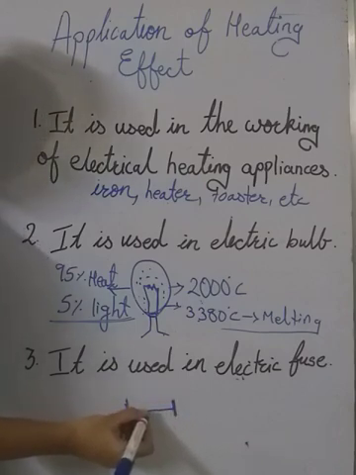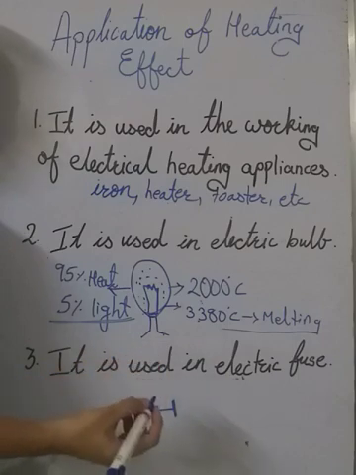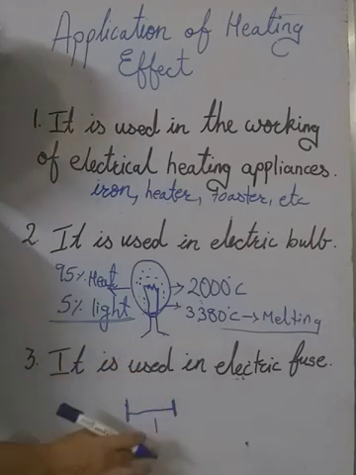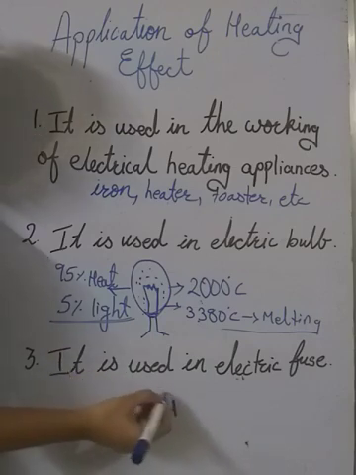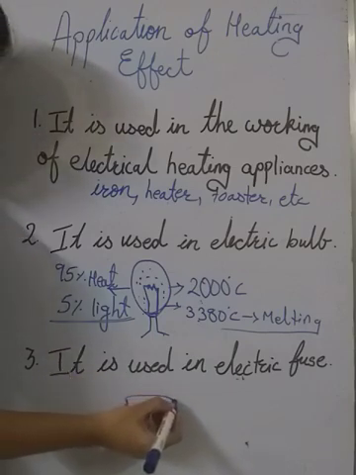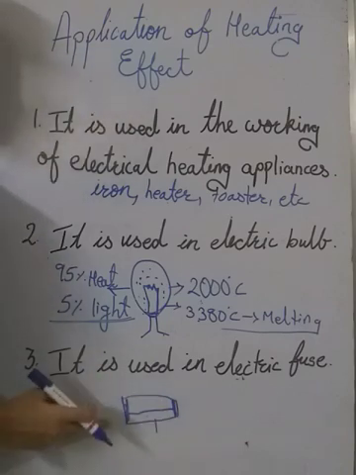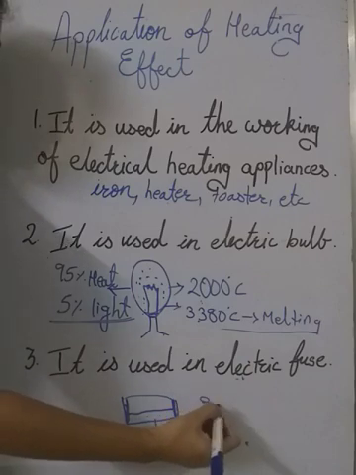In between, there is this wire which is very thin, and it has higher resistivity, but its melting point is low. This is kept in some insulator, and it is connected to your main switchboard, or to your electrical appliances, in series connection.